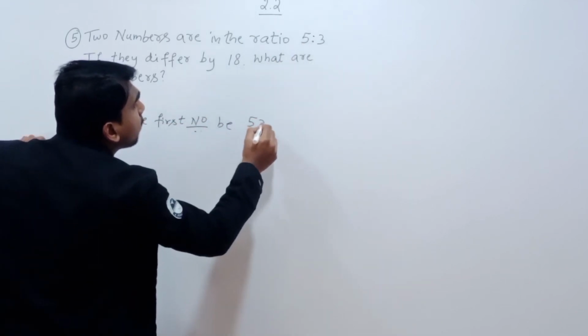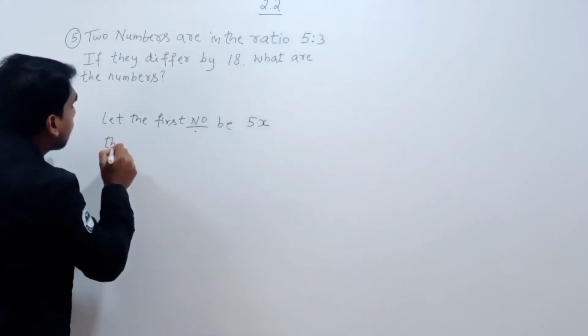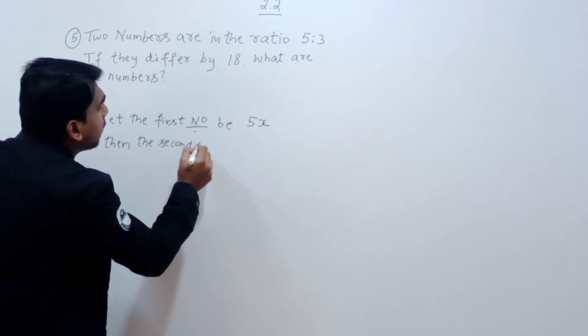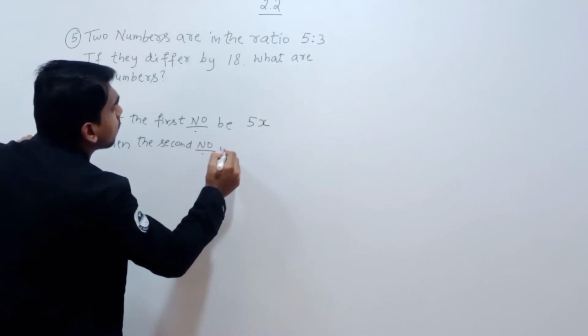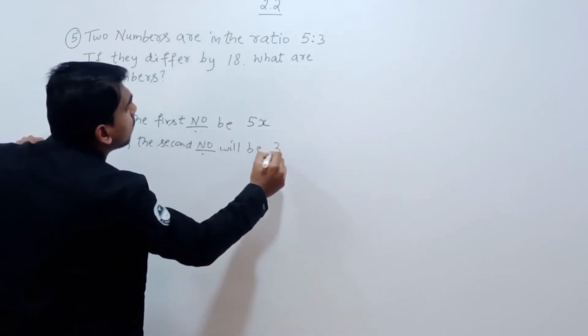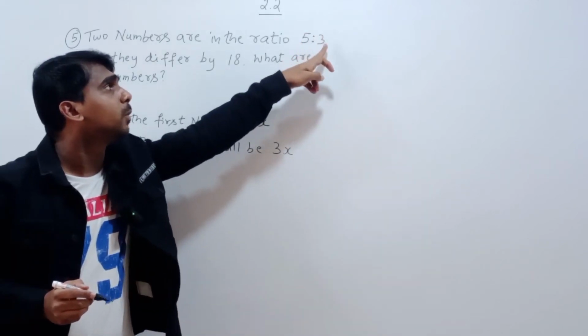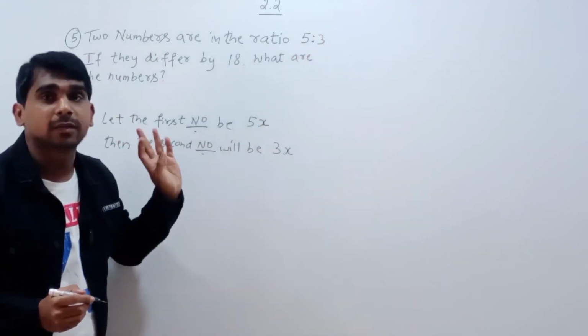Then automatically the second number will be 3x. First number if you take as 5x, then automatically second number will be 3x.